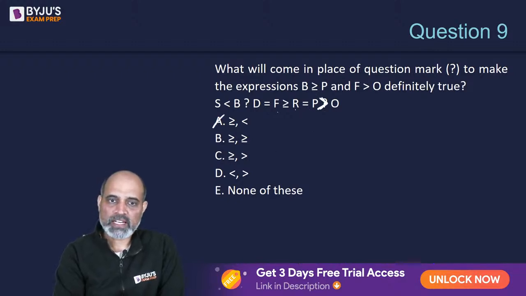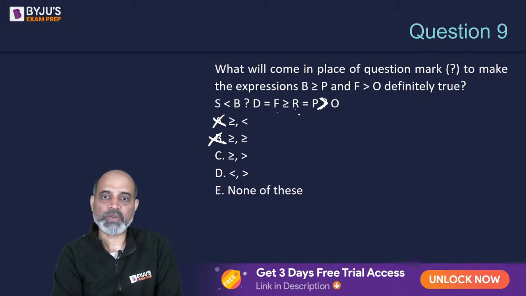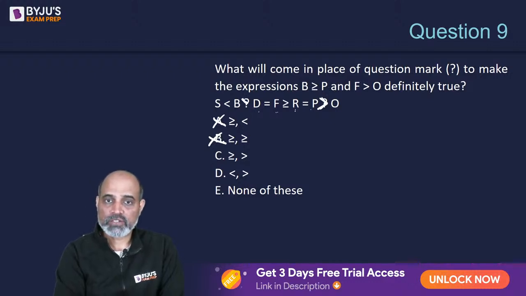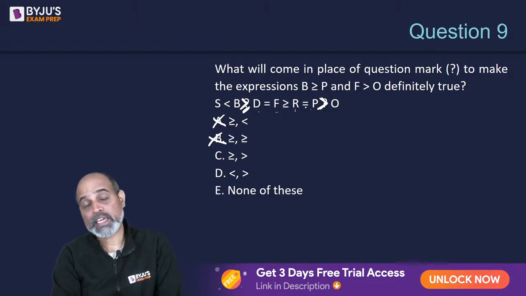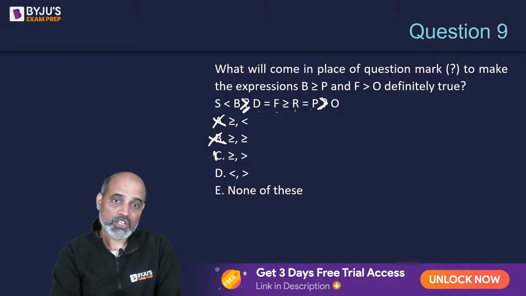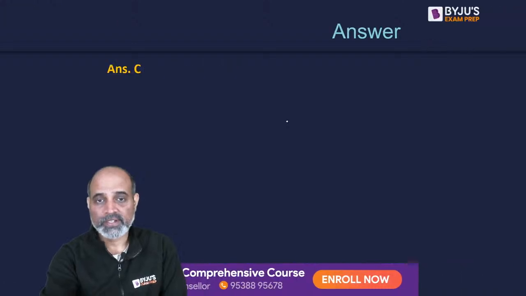The moment we say that, A and B are gone. Now for the first part, we want B to be greater than or equal to P. F, R and P can be equal, so B can be equal to P. So we have to put greater than or equal to, because in that case B may be equal to P as well as B may be greater than P. Both are possible. So C becomes our answer.